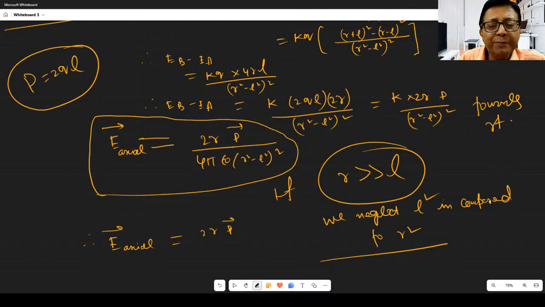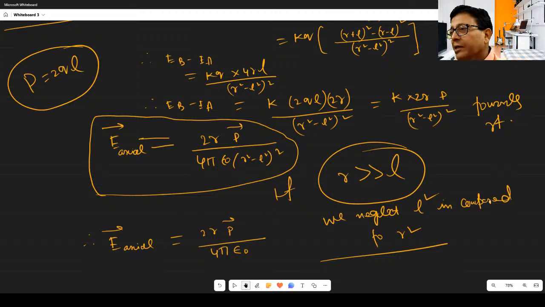Two RP by, which one do we cancel? L square. So R to the power 4 is left over there.